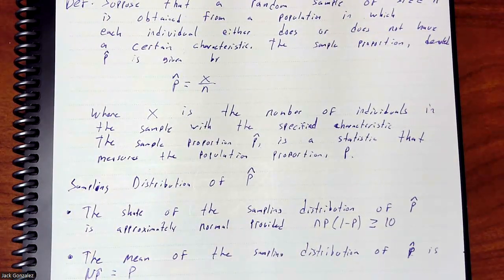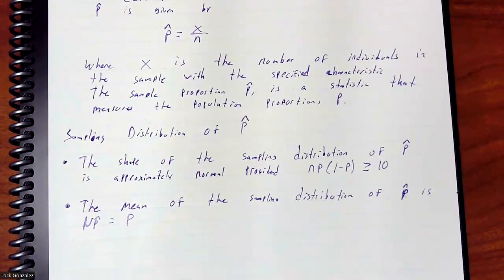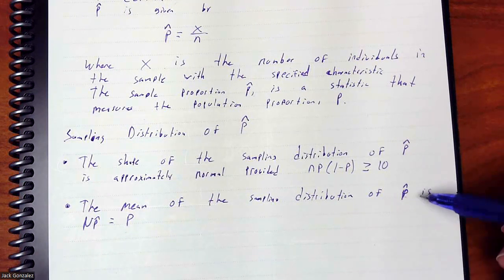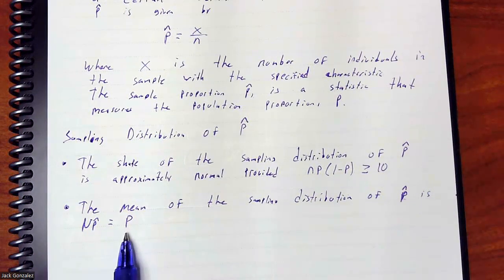So the actual mean of that sample distribution is just p. So if they give you p, cool. It's very similar to x bar and mu. P hat is kind of like the x bar. This is like the true mu.